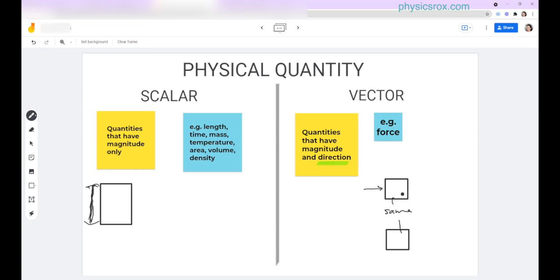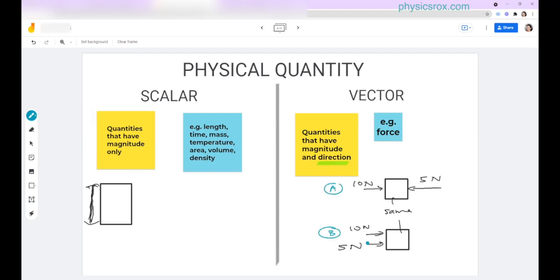And then we apply forces of the same magnitude. One force we apply is 10 Newton this way, another is 5 Newton this way. Then in the other, we apply 10 Newton this way, and also 5 Newton this way. So in both situations, we apply the same amount of forces. Let me call these situation A and situation B.